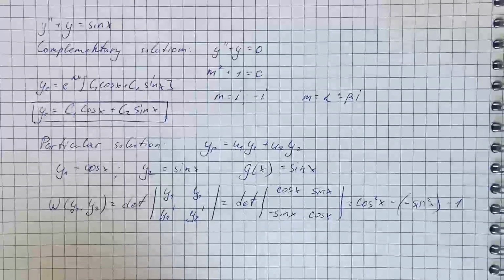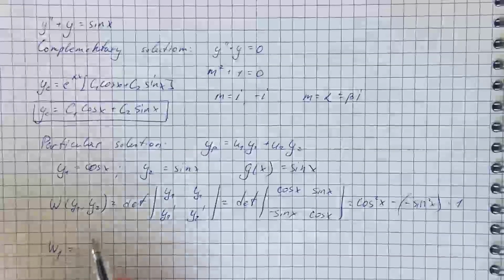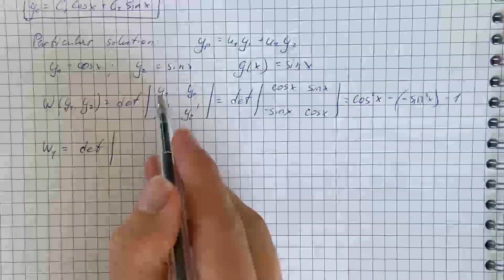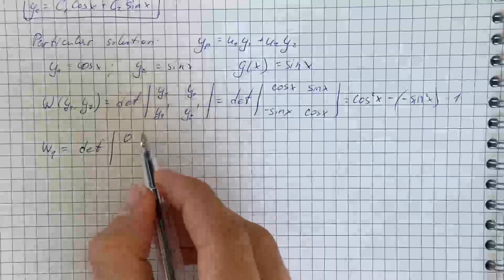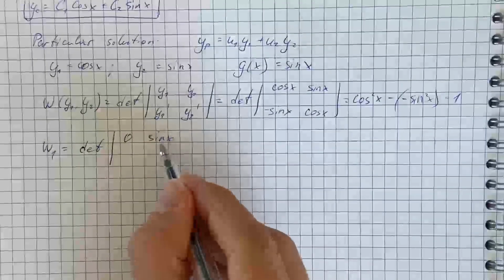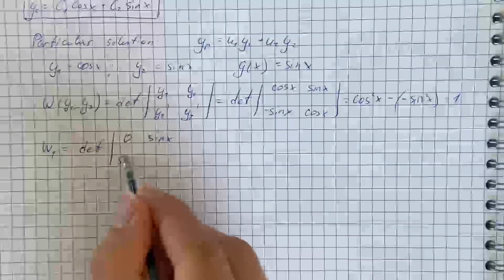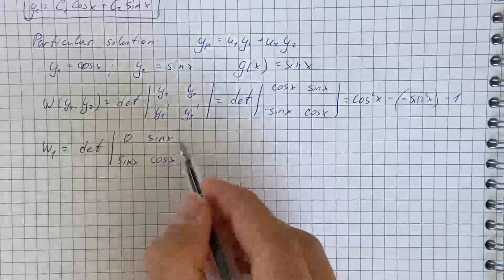So now we can find Wronskian 1 first. This time we take the determinant, but instead of y1 we have 0, y2 stays the same. Instead of y1 prime we have g of x, which is sine of x, and here we have the derivative.